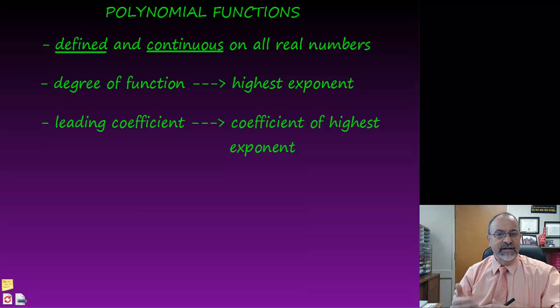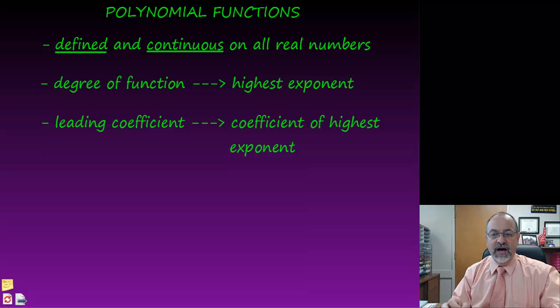And that is to test and see if you are understanding the fact that it's the highest exponent, not the first term. So when you come to a polynomial problem, a nice little habit to get into, something that I do, is I always check to see that it's in standard form first.